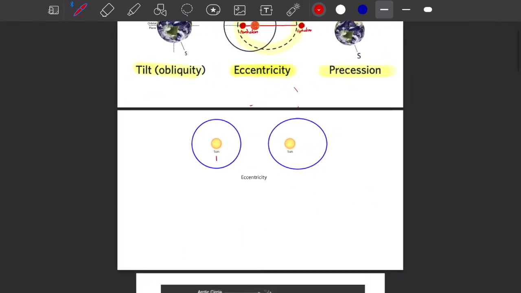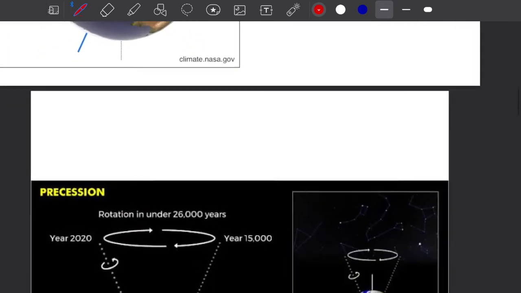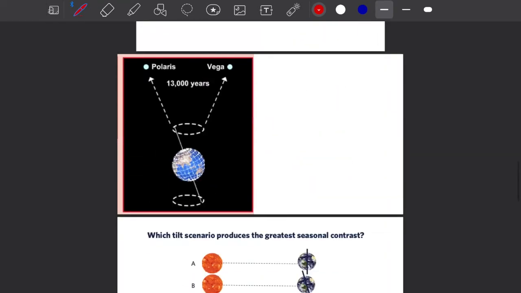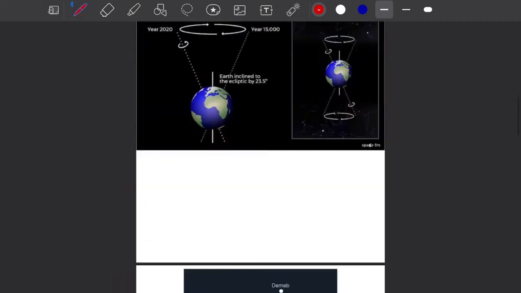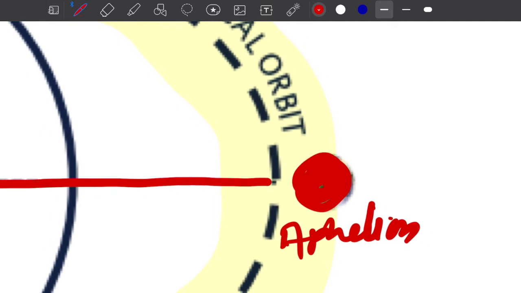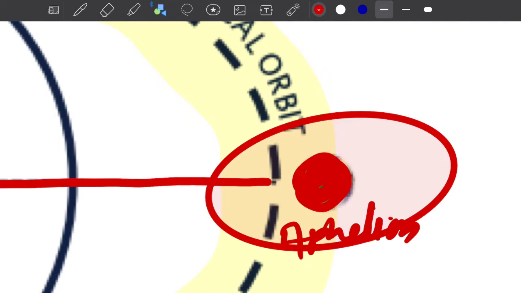In the case of the Earth-Moon system, let's make another circle over here. Here we have one moon.